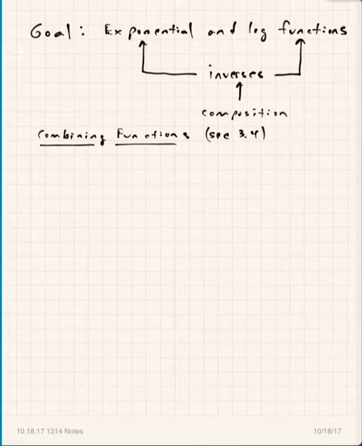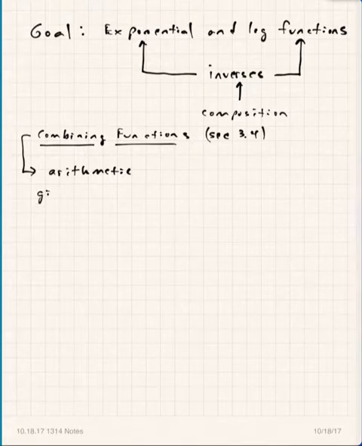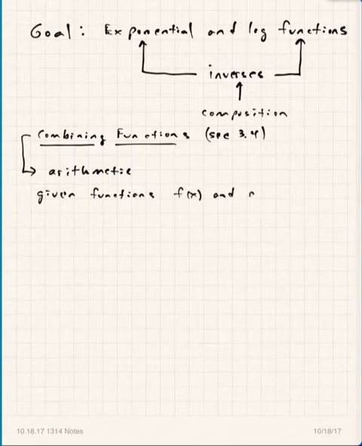it turns out that there are several ways you can combine functions. First of all, you can combine functions just using arithmetic. What that means is, if you're given functions f of x and g of x, you can combine those by simply looking at arithmetic.